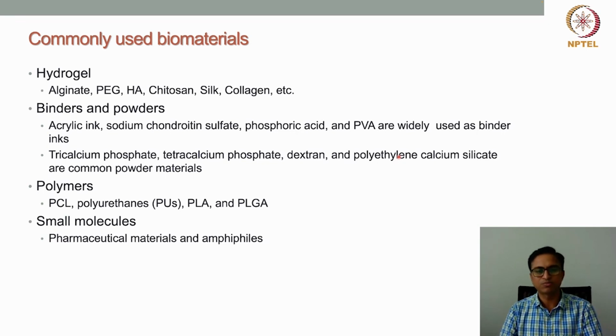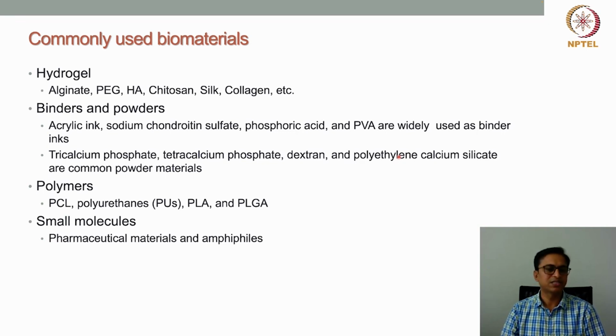If it is an aqueous polymer like PLGA, it can be made soluble in aqueous solution, or PCL and other organic polymers can be made soluble in organic solvents, like chloroform. And then the polymer solution can be used as a material for inkjet 3D printing.